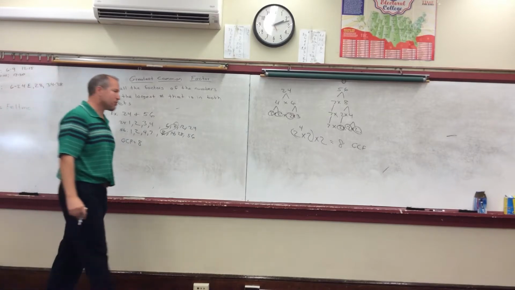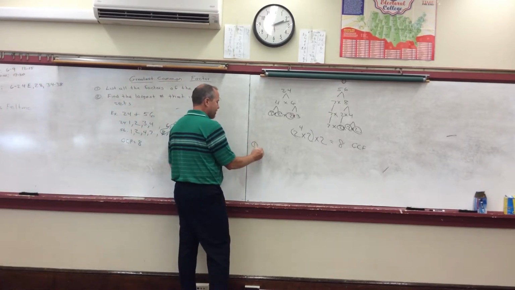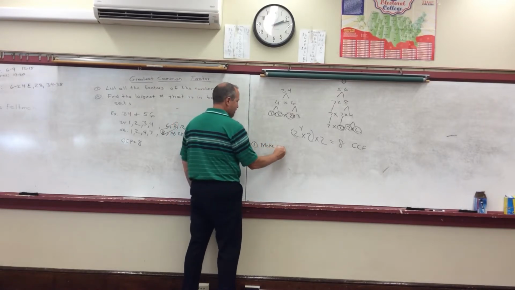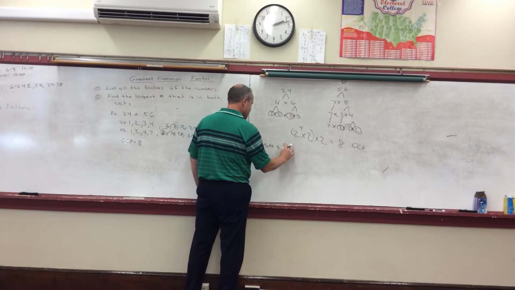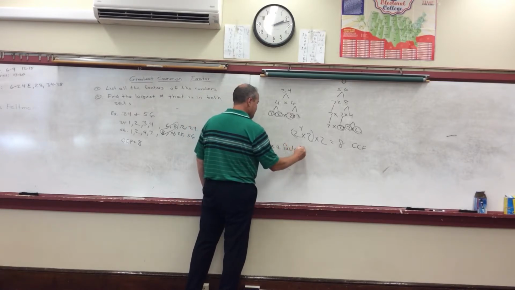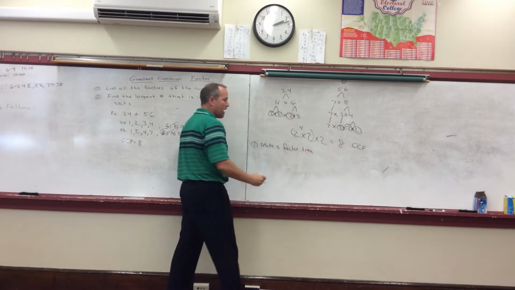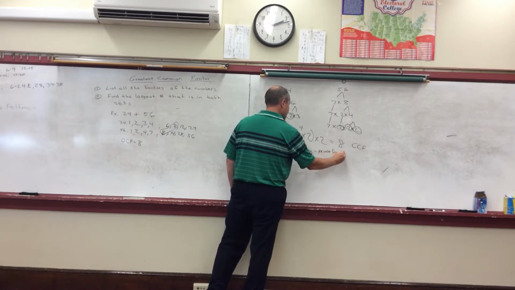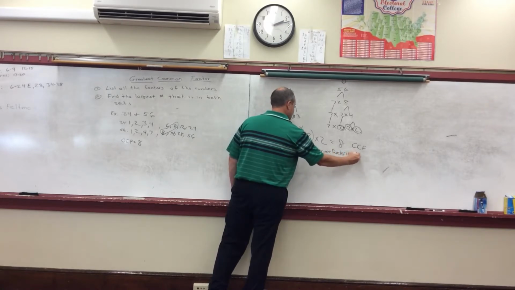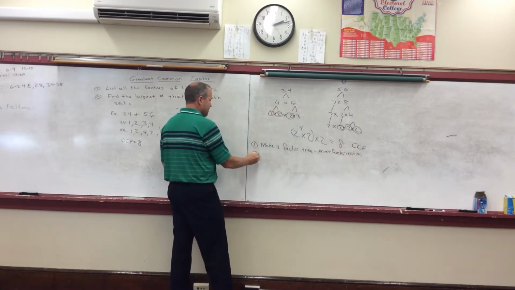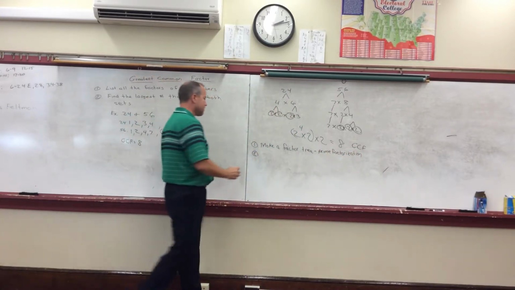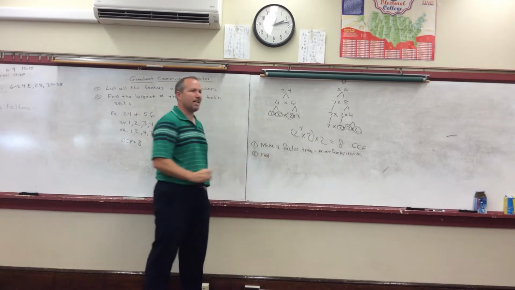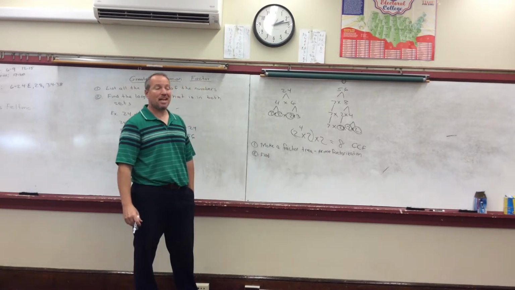Okay, so when doing a factor tree, the first step is to make a factor tree to get prime factorization. Step 2: find numbers that are in both sets.